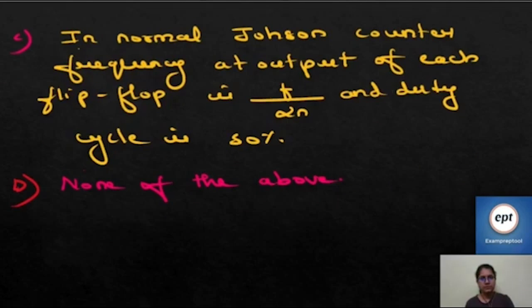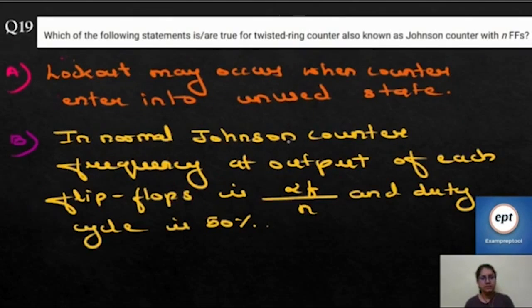This is true for a Johnson counter. And C says in a normal Johnson counter the frequency at the output of each flip-flop is f by 2n, and the duty cycle is 50%. This is also correct.